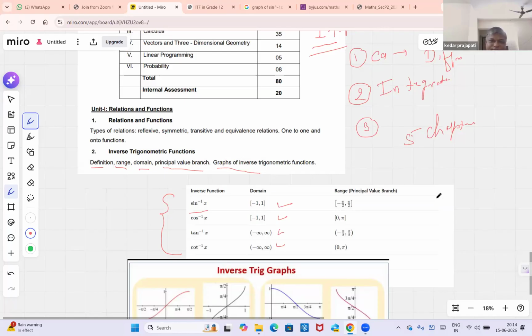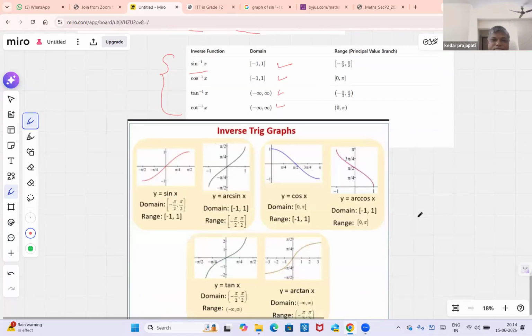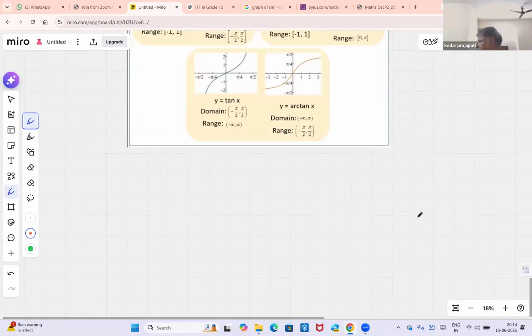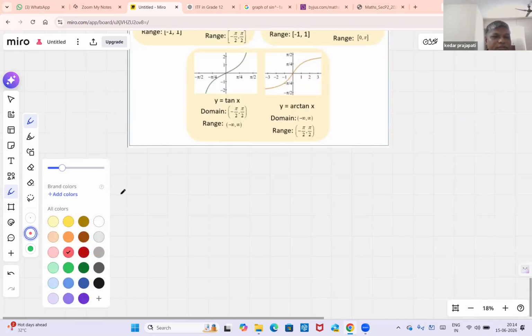So what is ITF? Okay. Give me a minute. Before understanding ITF, we have to understand what is a trigonometric function.